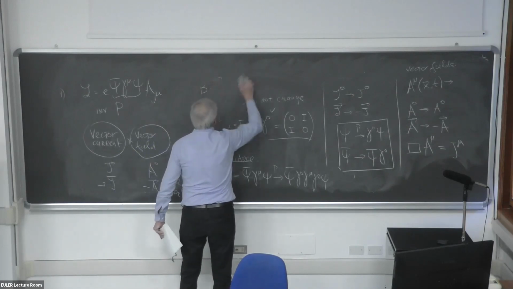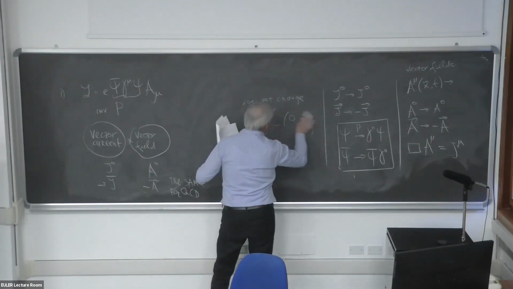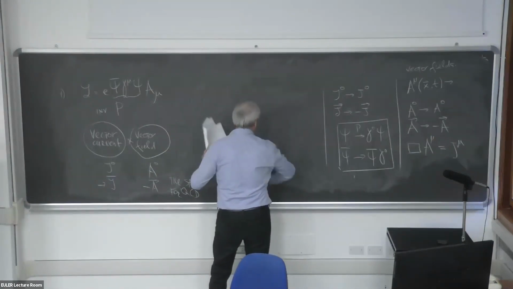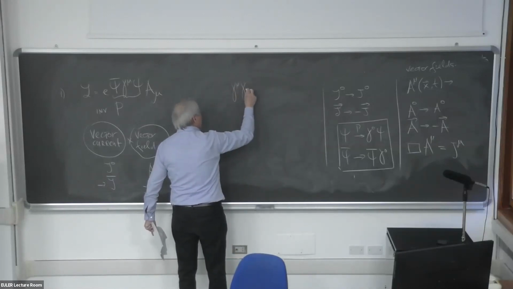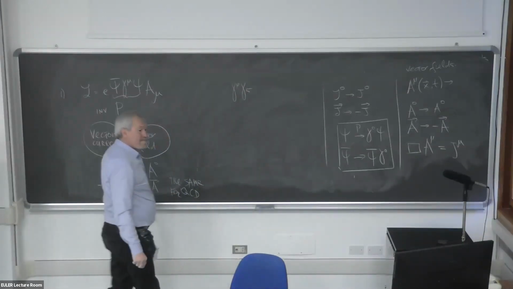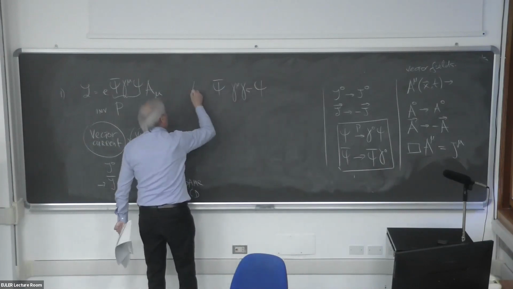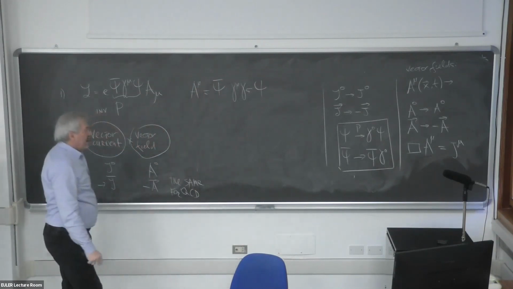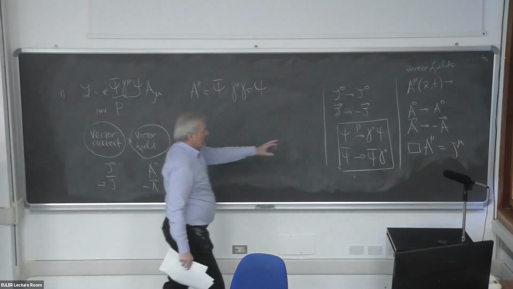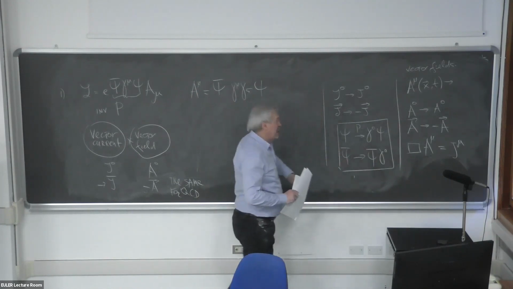Now you will have an exercise to check what's going on with the axial vector current. Remember, in the case of weak interactions, we had the structure gamma mu, gamma 5. And this is what we call the axial vector current. For axial vector currents, the law of transformation is inverse. The zero component does change sign under P transformations, and the vectorial components do not change sign.